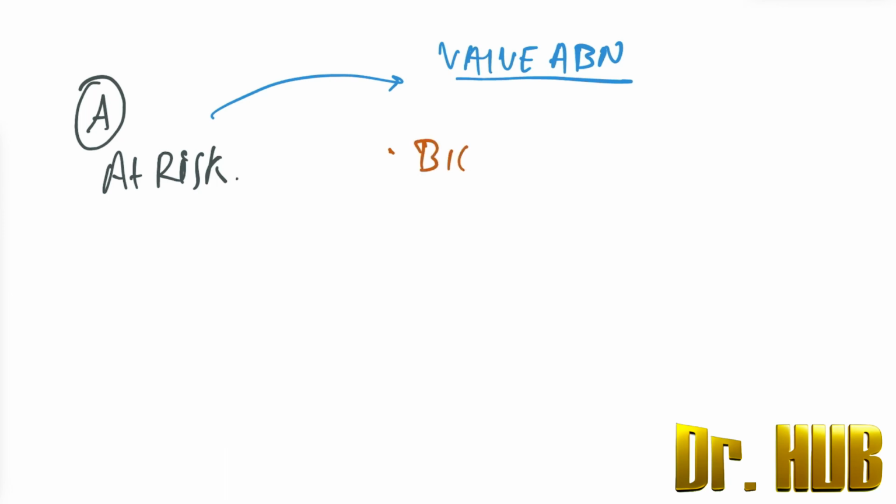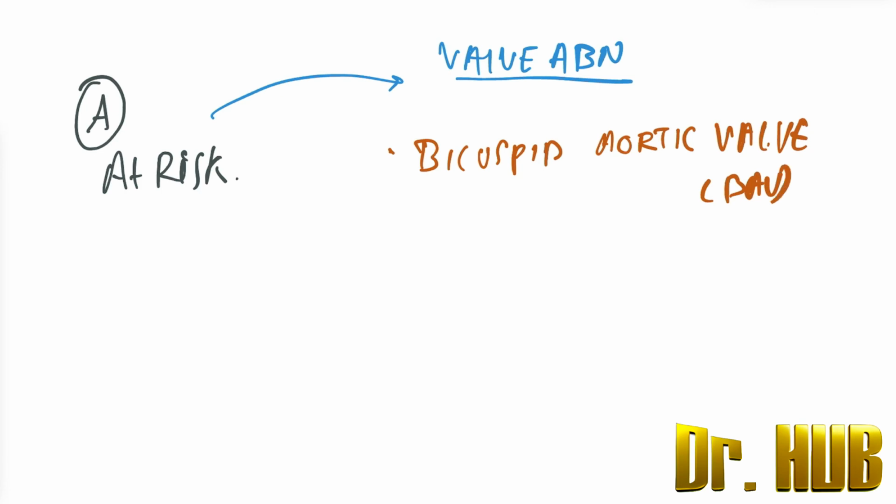BAV stands for the bicuspid aortic valve. Next is valve sclerosis.